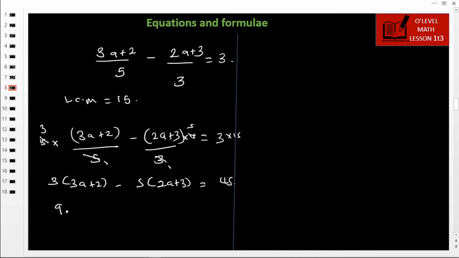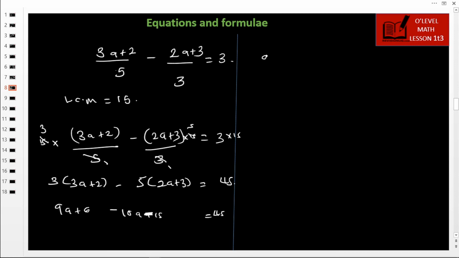So this is going to be 9a plus 6 minus, what is this one? This one is a 5. So minus 10a plus 15, sorry. Because why are we taking this? This is minus simply because negative times a positive is negative, then 5 times 3 is 15, giving us 45.